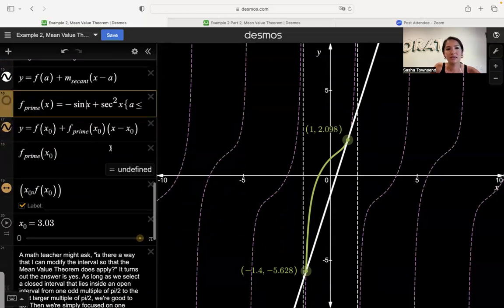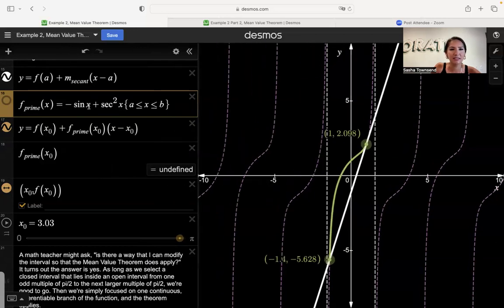So when I'm looking for the equation of the tangent line, the derivative is going to give me that slope. So the derivative of cosine of x plus tangent of x is negative sine of x, the derivative of cosine, plus the derivative of tangent, which is secant squared x. And then we're on the interval from A to B. And then the equation of the tangent line will be y equals the original y value, so y evaluated at that x value, plus the slope at that x value, which is just the derivative at that x value, times x minus x naught.